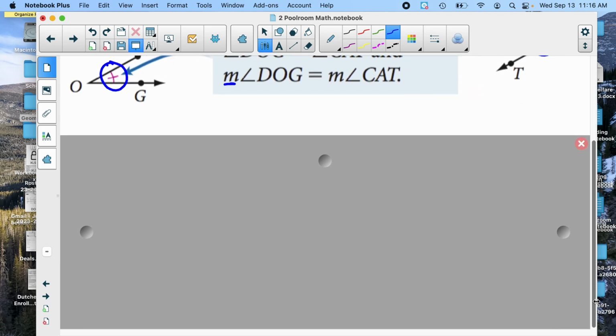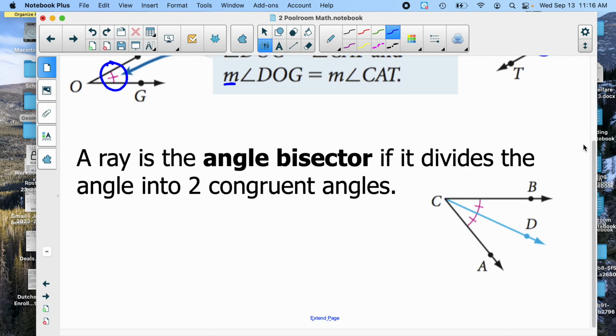And what's behind this one? Oh, an important one, an angle bisector. Think about this word bisector. The prefix bi means 2. The root sect means cut. So it cuts something in 2. An angle bisector takes one angle and makes 2 congruent angles. So we would say that ray CD bisects angle ACB.